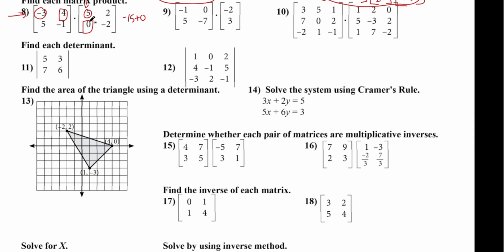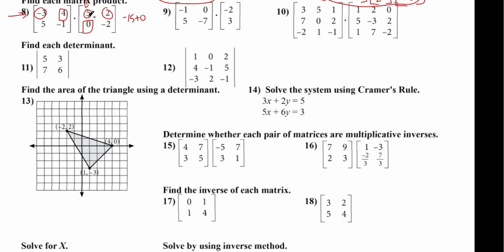All right, here we go. So we take these two, we multiply them, we get negative 15. Then we take the next one over this row, the next one down this column. We multiply those together, then we add them together. Give me a second. I just want to make sure I do this right because it's been a long time since I've done it. We're going to take this one times this one.